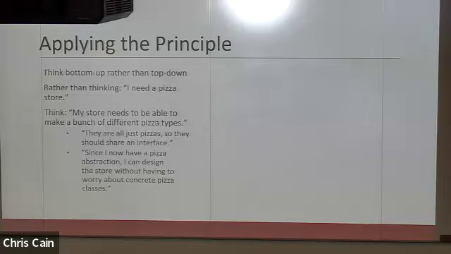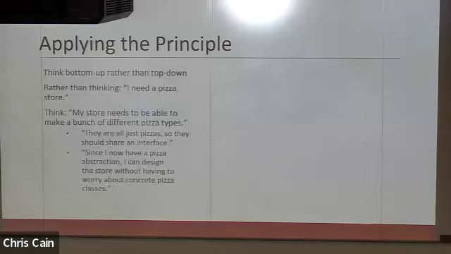You want to be able to say, I want to be able to design the store without even thinking about the concrete types of pizza. I want to be able to design additional kinds of concrete pizza without reworking the pizza store. And that arises from doing this kind of bottom up or very concrete out way of thinking.